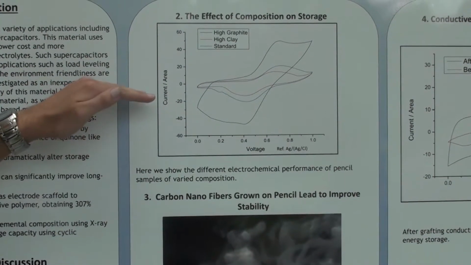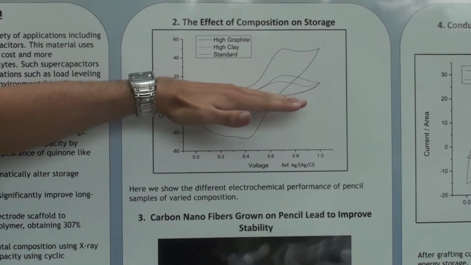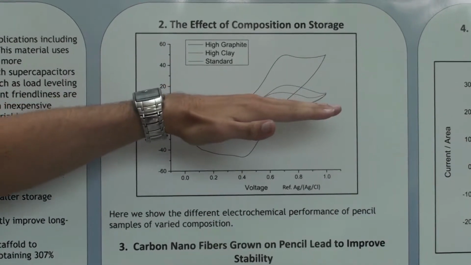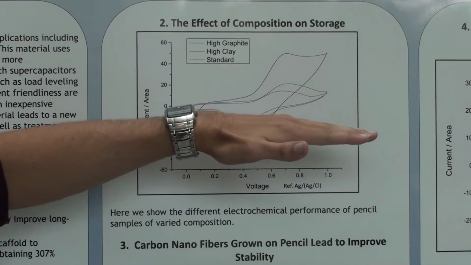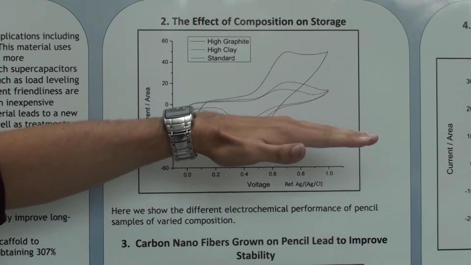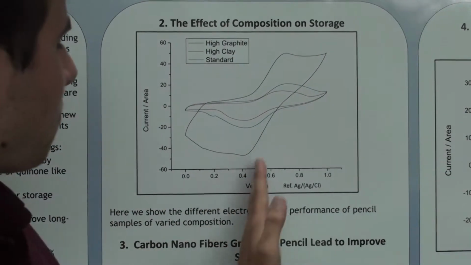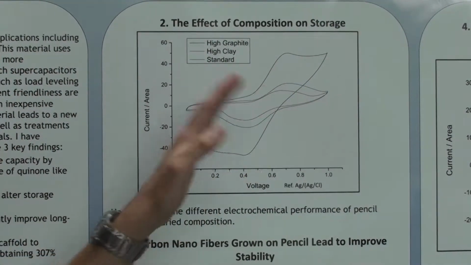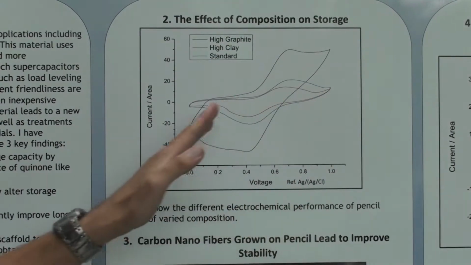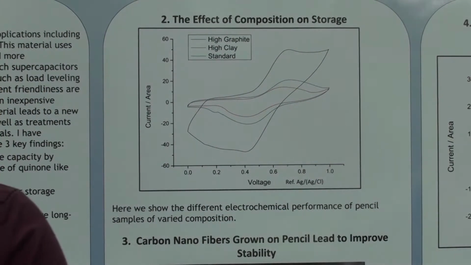And so when we go along this potential and we see zero current, that means there's no electron transfer going on between the solution and the working electrode, the thing we're measuring. Once we start to see it increase at around 0.5 volts, we've hit an electric potential which is allowing for electron transfer and electron current.